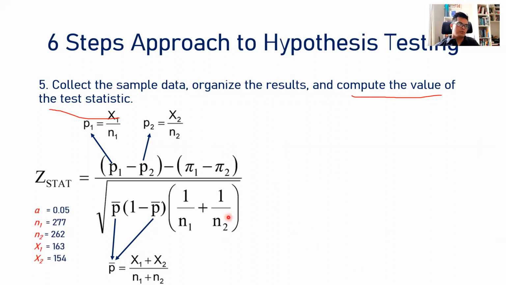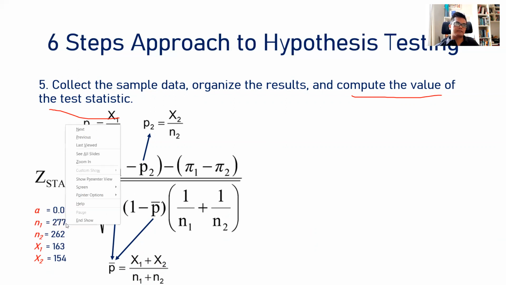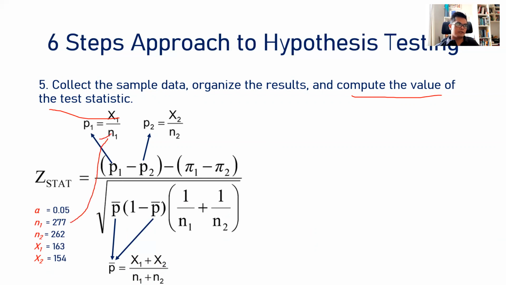With alpha 0.05, the sample size is 277. So n1 can already be supplied, and the sample size of Surabaya is also there, so it should be no problem. n2 is already there, and the number of Android users in Bandung is also stated in the problem set.